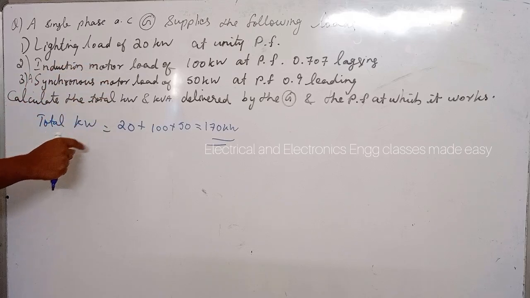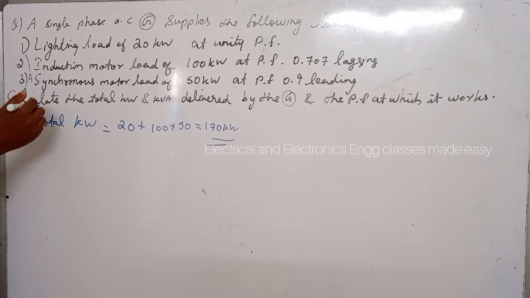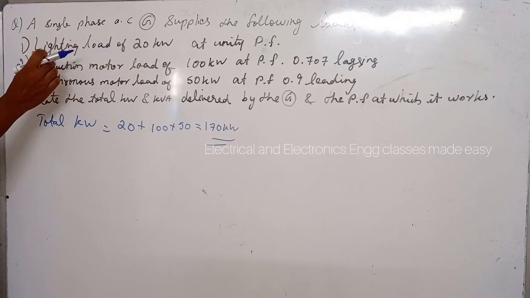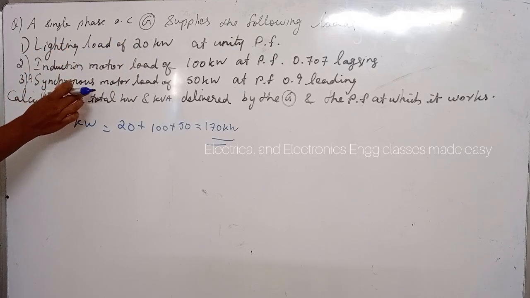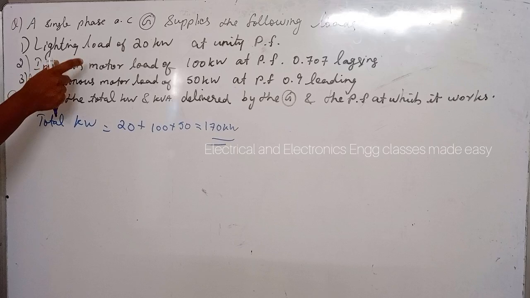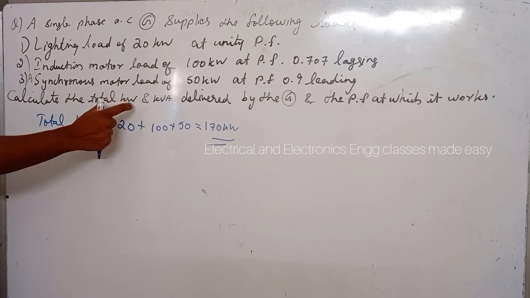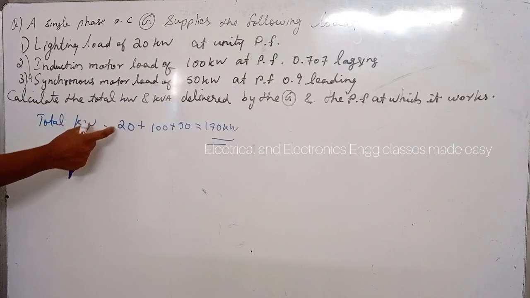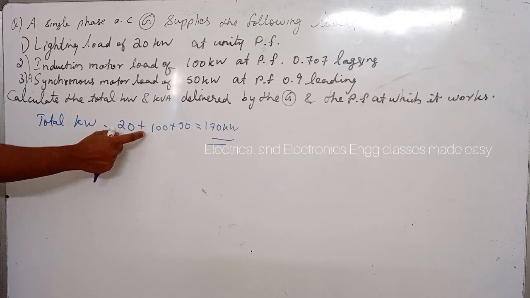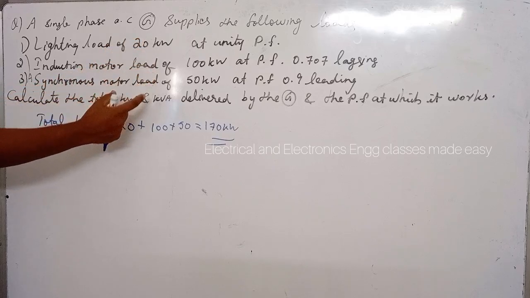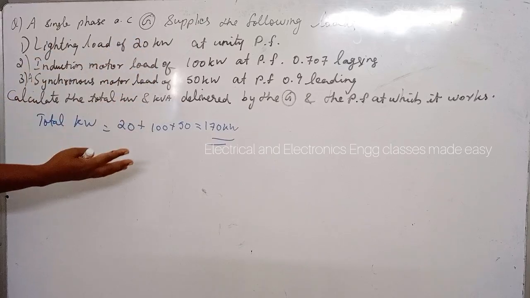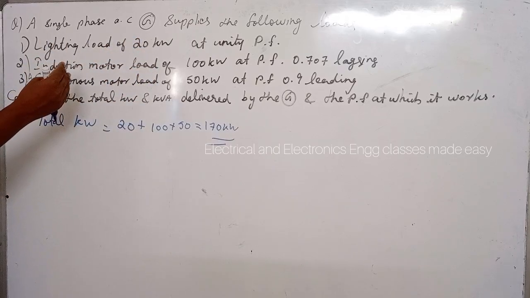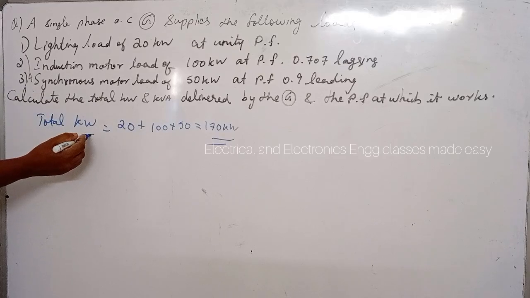So to find the kVA, first of all we have to find the kVA ratings of each of these loads, and then we have to find the resultant kVA delivered by the generator. And here kW rating we have taken as the sum of these three, because after power factor improvement there will be no change in kW rating.